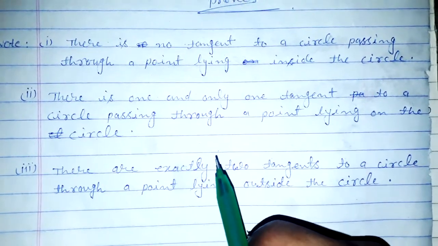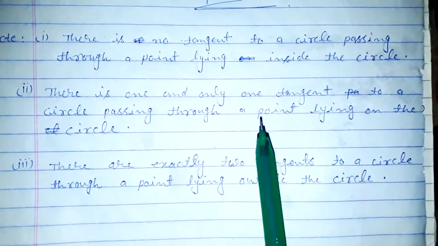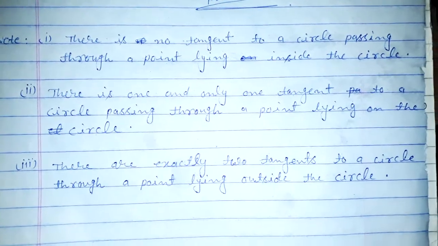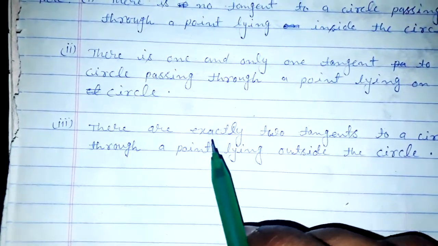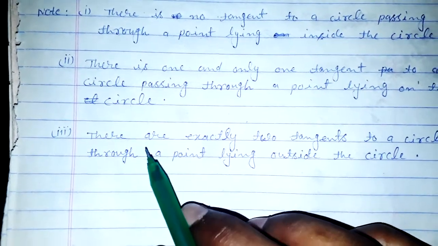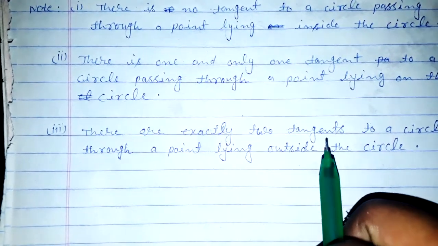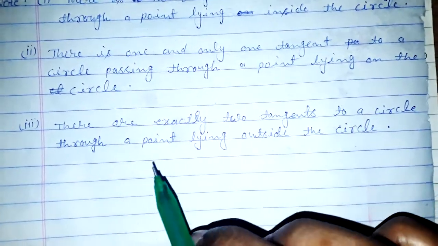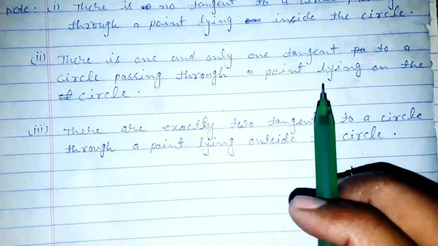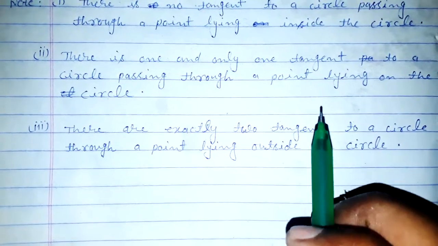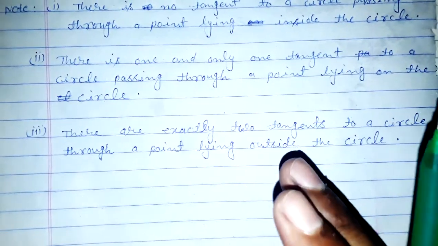Third, there are exactly two tangents to a circle through a point lying outside the circle. If the point lies outside, then we can draw only two tangents from this point.